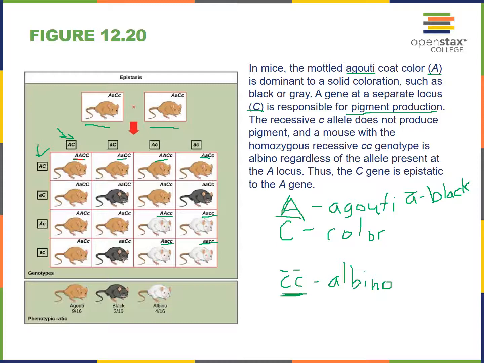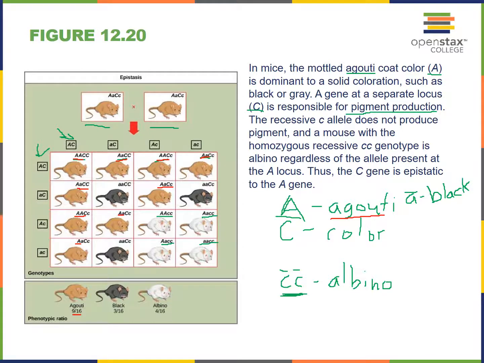There's a capital A here, here, here, here, and here. So all those mice, 9 out of the 16, are going to be agouti colored, or this brown color.